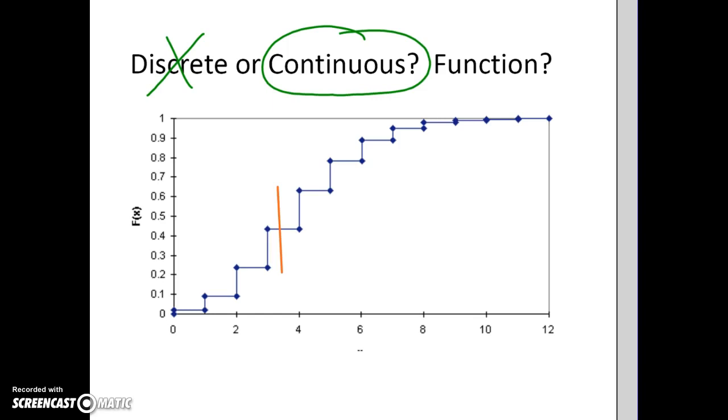But if I put my vertical line here, it passes through the graph more than one time. And there are many places where it passes through the graph more than one time. So is this a function? No, it is not. It does not pass the vertical line test.